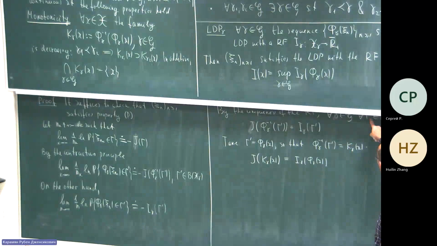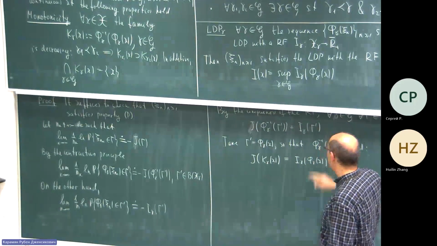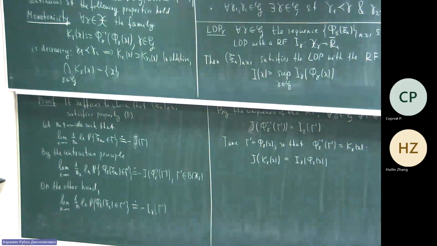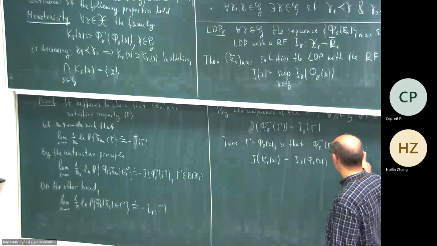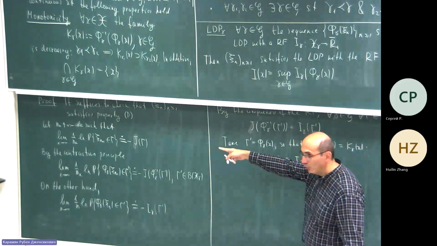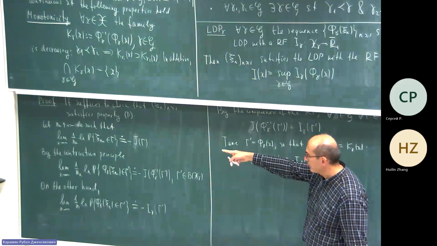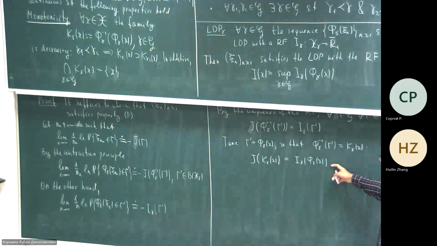So we get for any gamma prime this relation, and for any gamma. So in particular, if I take gamma prime equal to phi_gamma x, I will get J, which is unknown, but for which I want to prove universality, is equal to this one, which is independent of anything.